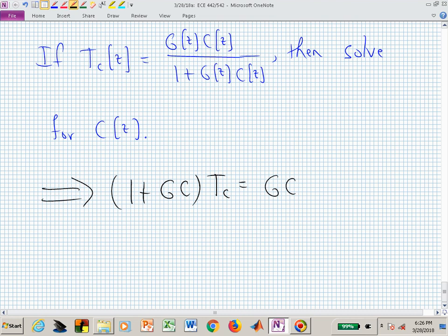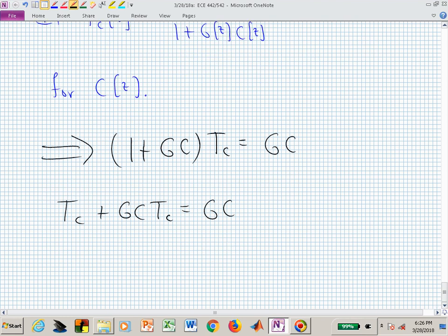Let me distribute T sub C, and I'm assuming right now, because of the way I'm manipulating this, that I have scalar transfer functions. C is just a numerator over denominator. I don't have any matrices floating around in here. Everything are scalar transfer functions.